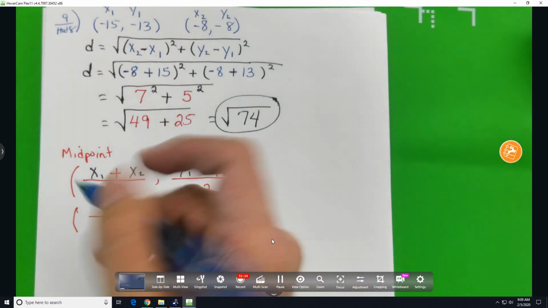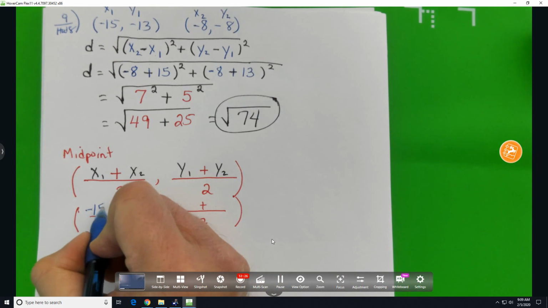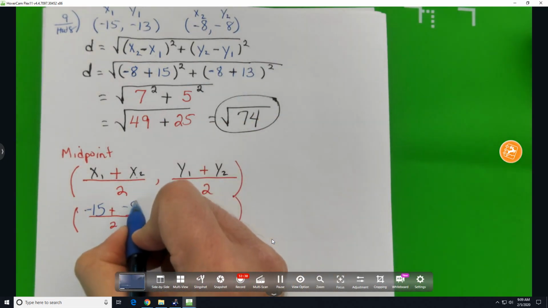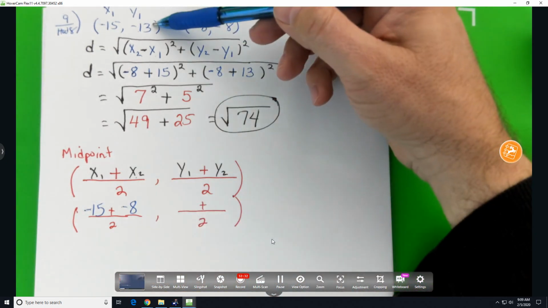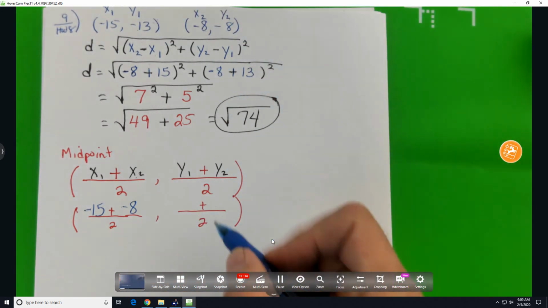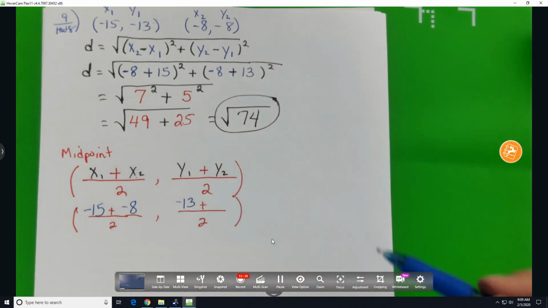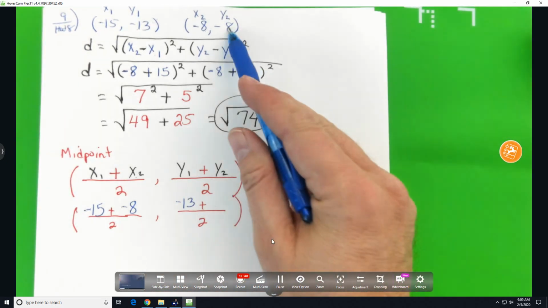x1 is negative 15. x2 is negative 8. y1 is negative 3. No, it isn't. Negative 13. y2 is negative 8.